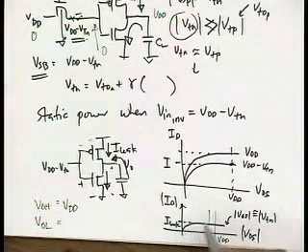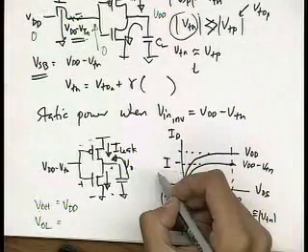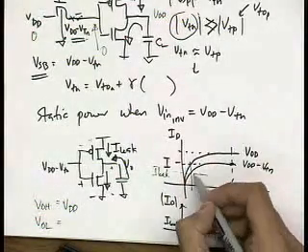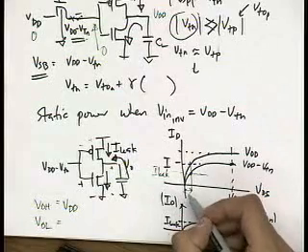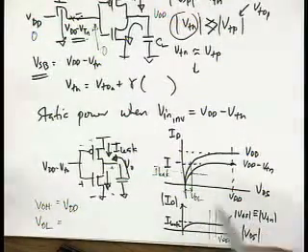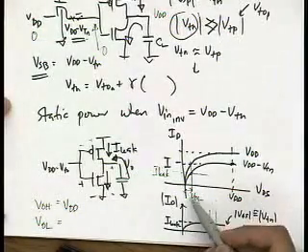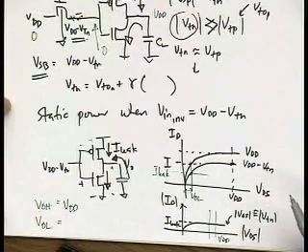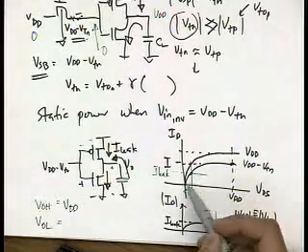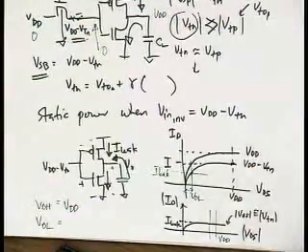And if I put this leakage current here, it turns out that I would not go all the way to 0, but I have a certain amount of VOL. Depending on the model you use, you can compute this VOL. I can use short channel, I can use square law, whatever.